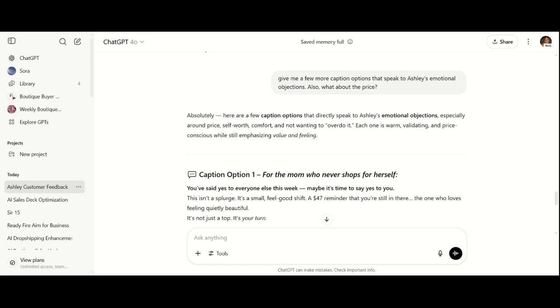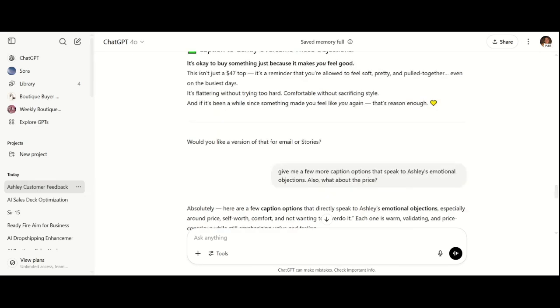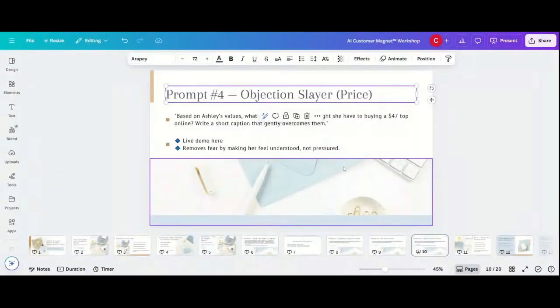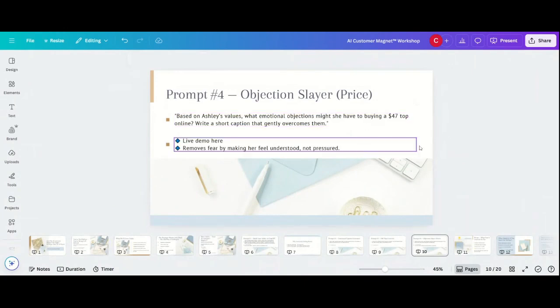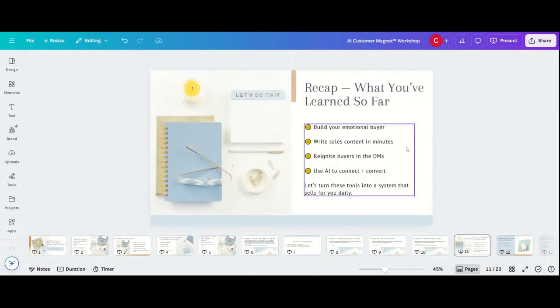So those are good. So basically you can just keep prompting it. And if you don't like what it's giving you, just ask it for some more, ask it to hit some different emotions. And so that's how you can use AI. So basically you've got to know who your customer is. If you're getting stuff that feels like it's all wrong, go back, start with your customer again.